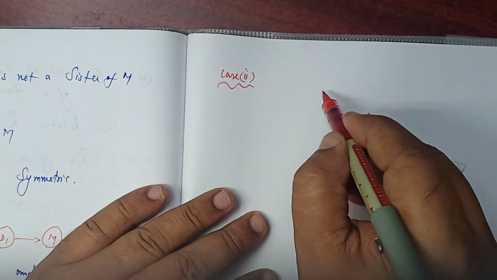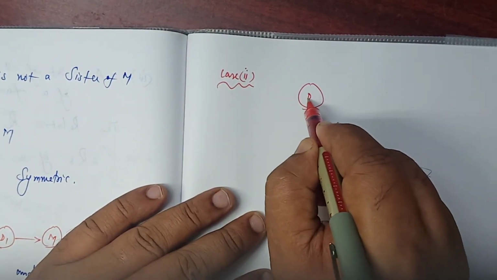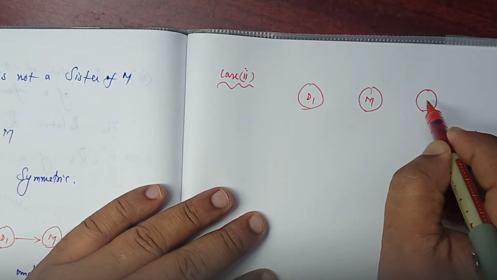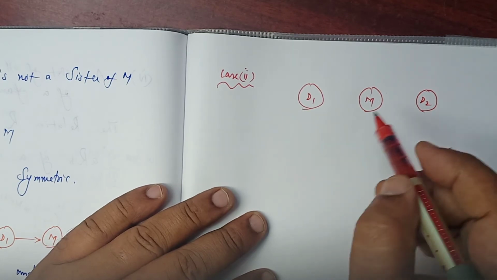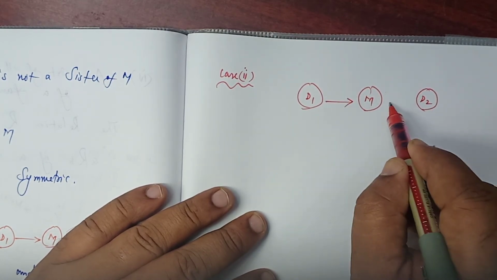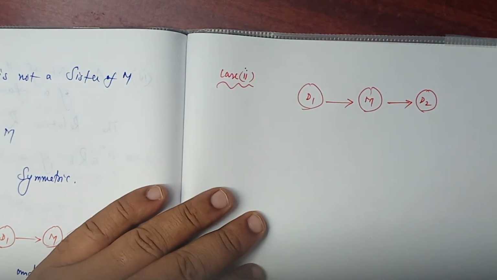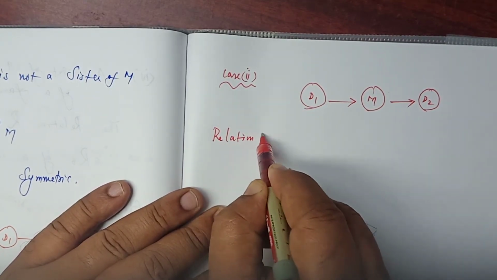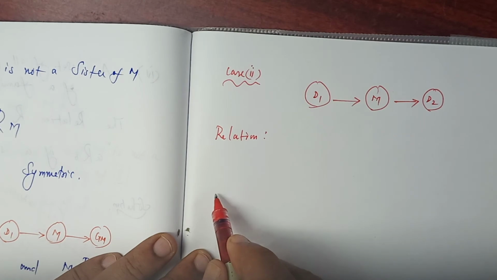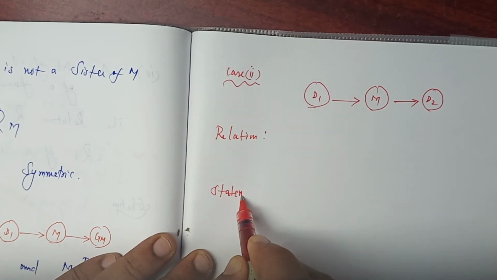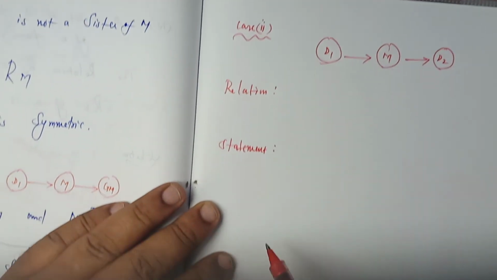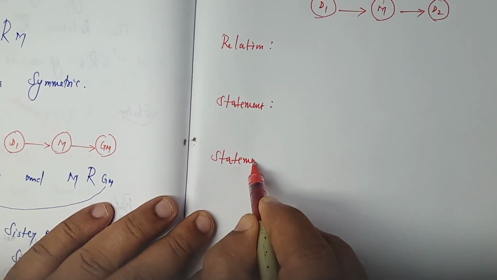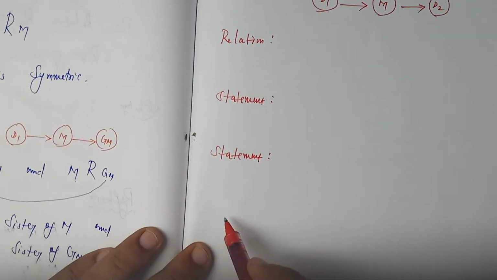Here I consider daughter 1, mother, daughter 2. Relation, statement, again statement, relation.